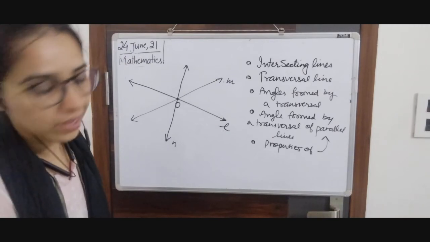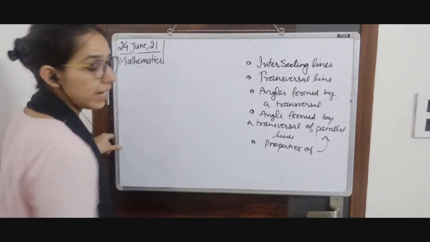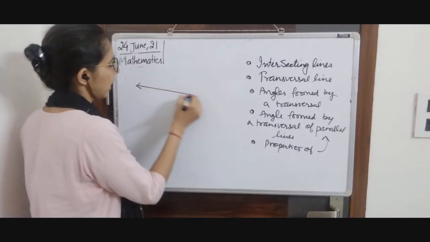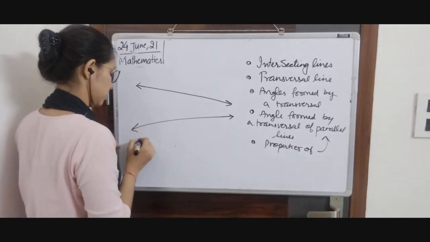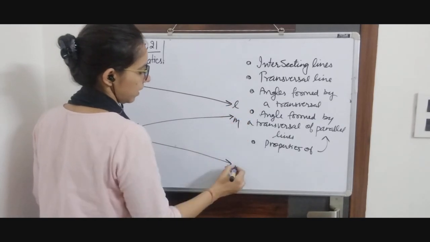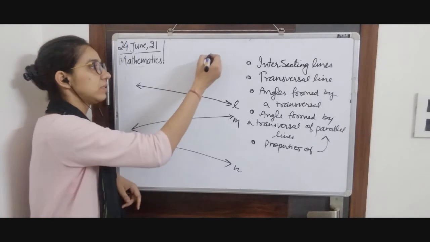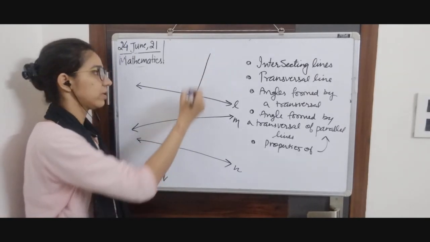Now what is a transversal line? Suppose we have two lines, or maybe three, L, M and N. A transversal line cuts two or more lines at distinct points.